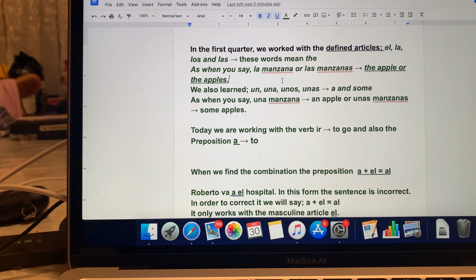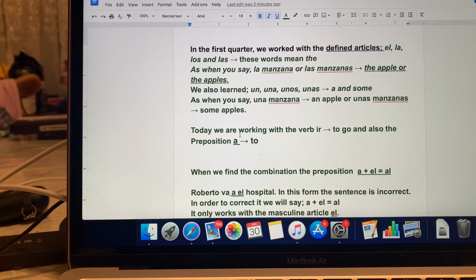We also learned un, una, unos, and unas, as when you say una manzana, an apple, or unas manzanas, some apples.